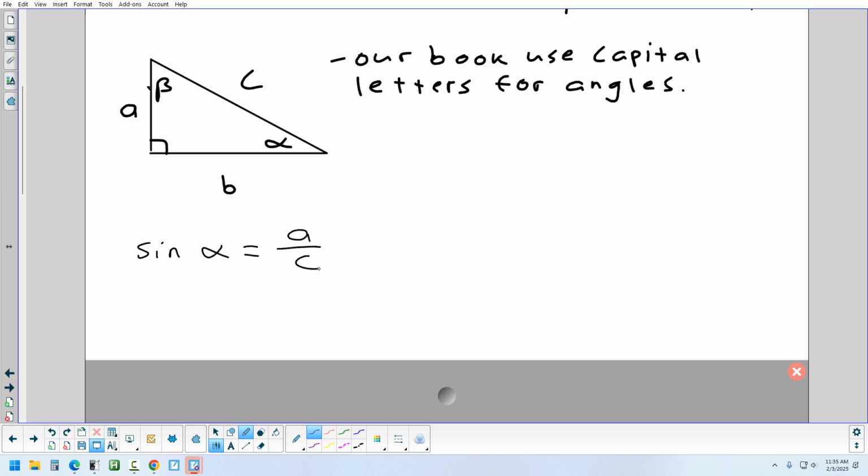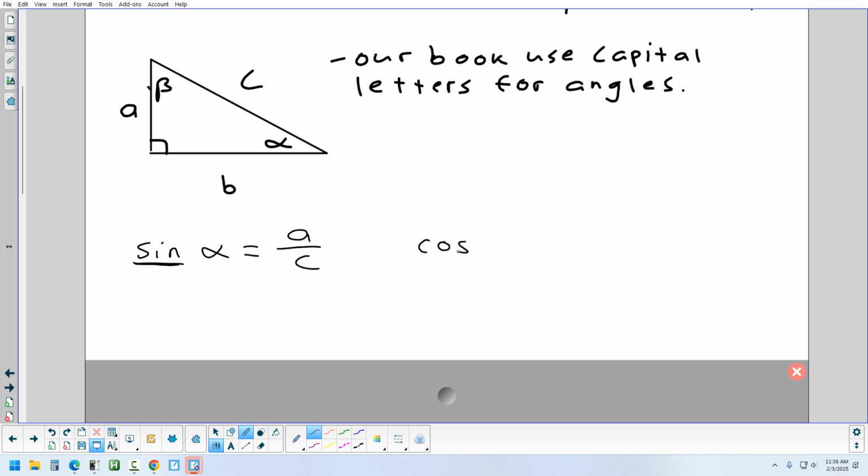Now, I'm going to make up another problem, but I'm going to do it in a very specific way. First, I'm going to put the word co in front of them. What function do I get if I put co in front of that? Cosine. That's called the co-function. When you put the word co in front of a trig function, that's its co-function. So I'm going to start by writing the co-function of that.